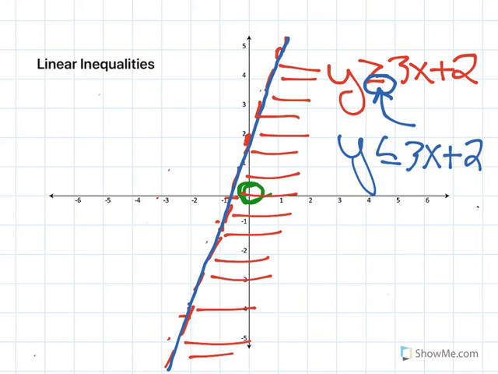Because when I plug in the origin, 0, 0, 0 is less than or equal to 2, so it does meet that requirement. And so that means the right side of this particular equation would be shaded. And that's how you do the solution sets for inequalities, looking at the graph.